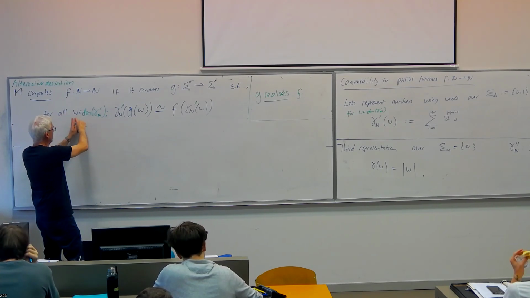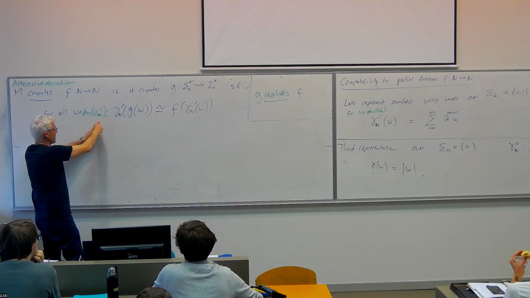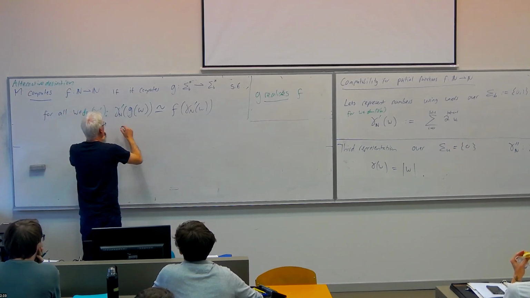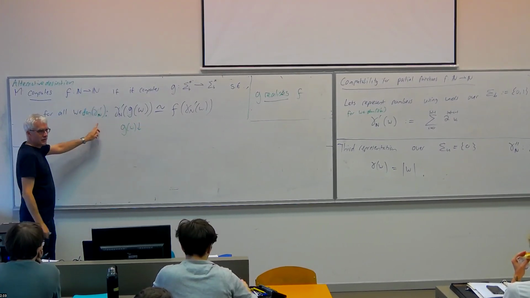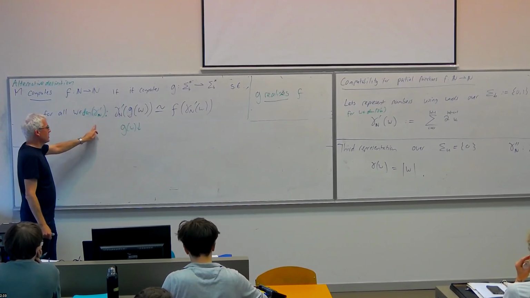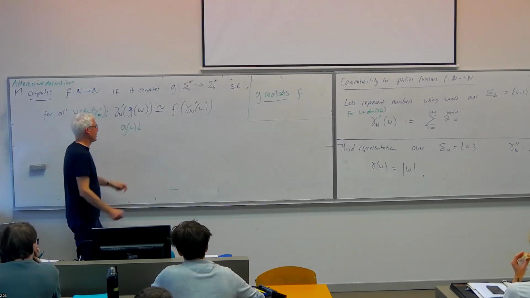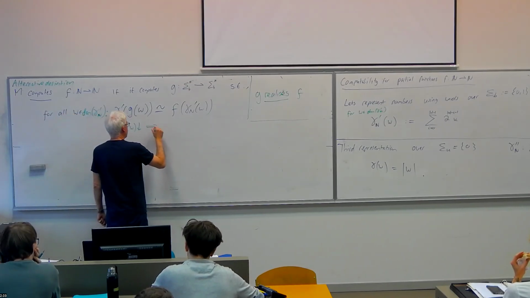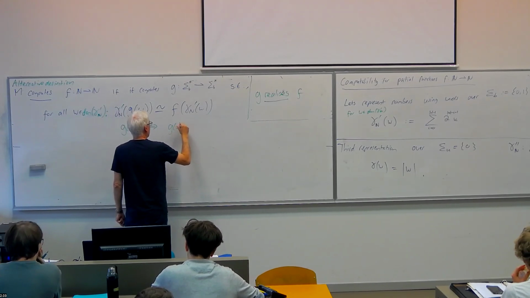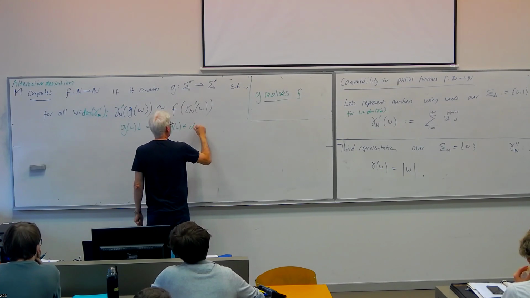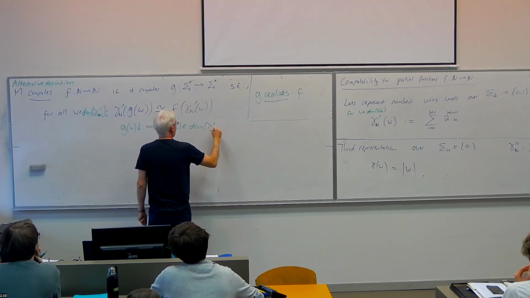For all words in the domain of the encoding, so for all words that don't have leading zeros, we require that if G is defined on a word that is a representation of a number, we don't want G to map it to a word that's not a representation of a number. So this implies that G of W belongs to the domain of gamma prime.